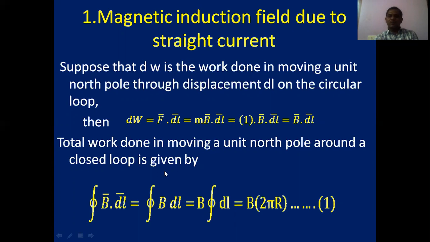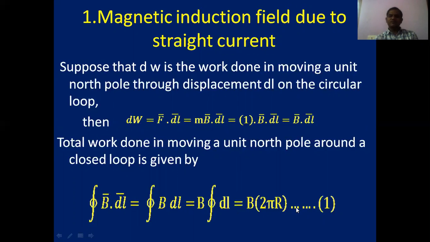So that is what we have to prove now. Since every point is at constant distance from the conductor, here B magnitude is constant. So written outside, B into closed integral dl, and closed integral dl equal to the circumference of that circular path, B into 2 pi r.